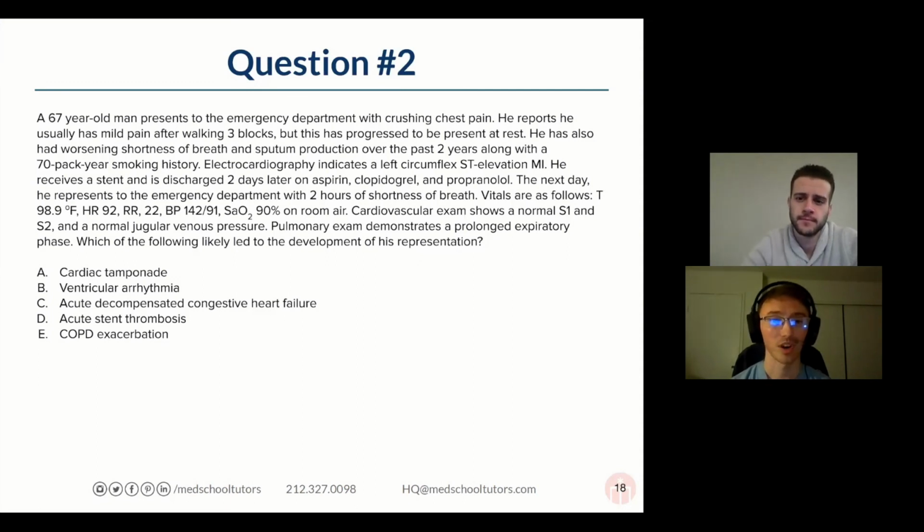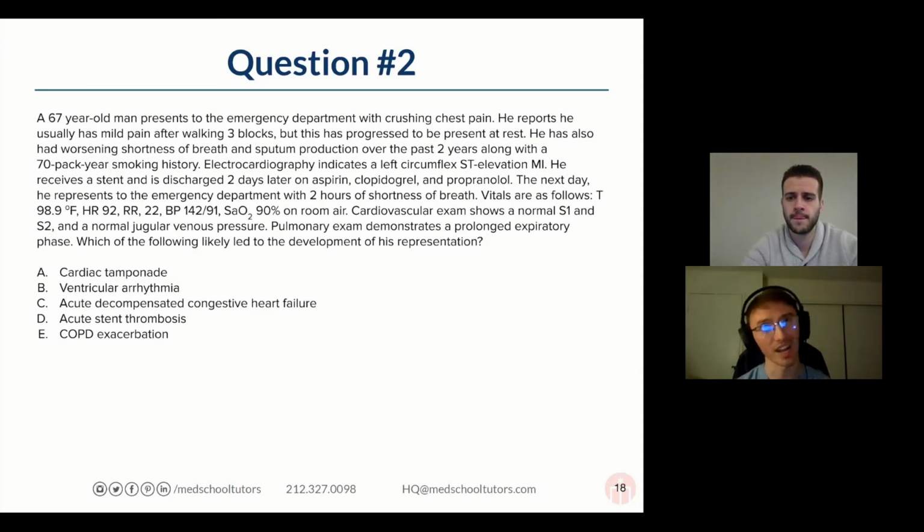Okay, so at this point, we could look at the answer choices. For me, I'd like to go back and try to think through what might be going on here. What could be underlying this cause? What's the diagnosis? Someone had mentioned COPD. A subset of COPD would be chronic bronchitis because of the sputum production.